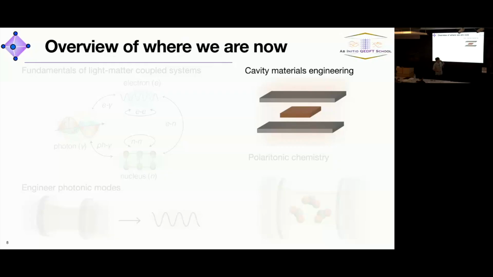Okay, so before we dive in, I want to do a quick survey. How many of you see yourself as a physicist? Okay, and how many of you see yourself as a chemist? Okay, engineer?